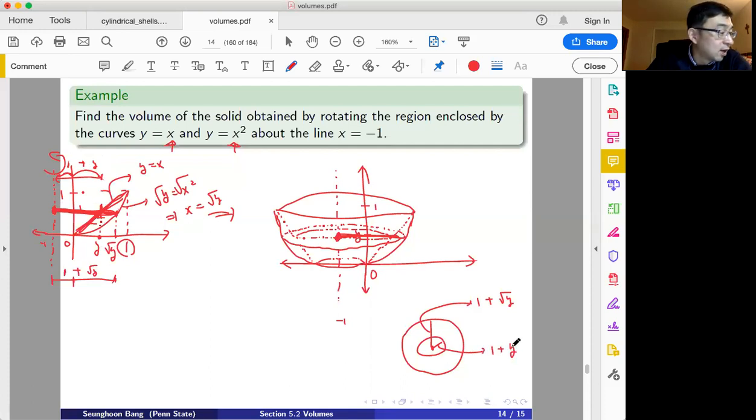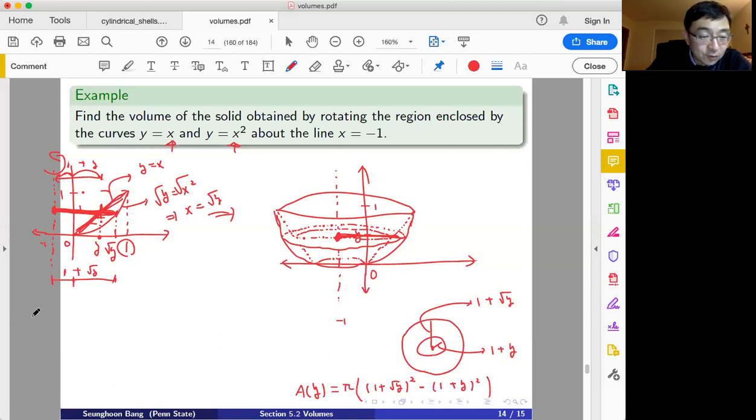So we have it. The next step is to find A of y, the cross-section area. It is pi times the outer radius, 1 plus the square root of y, squared, minus 1 plus y squared.